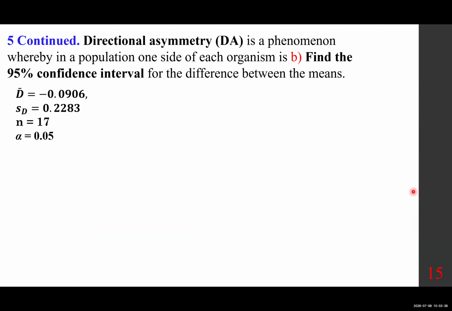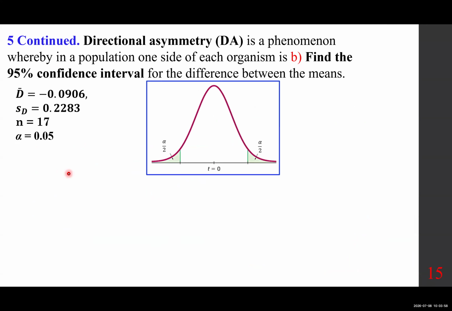All right. The second part, B, find the 95% confidence interval for the difference between the means. Again, reminding you of what we had there, as you recall, it was X bar plus minus E. Now it's D bar plus minus E. Okay. This is a 95% confidence interval.